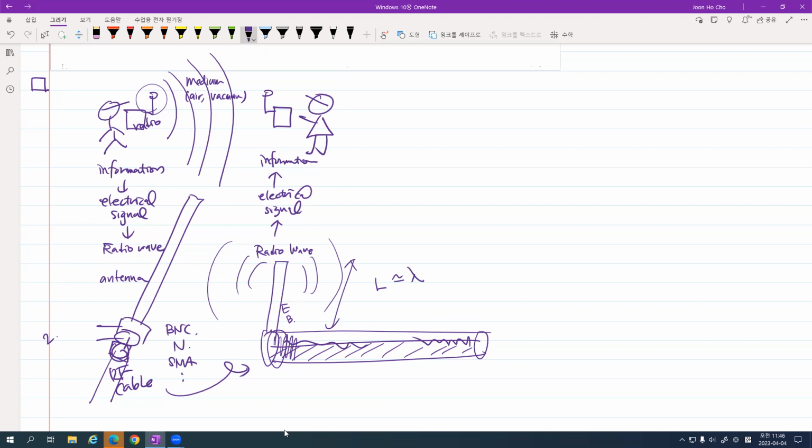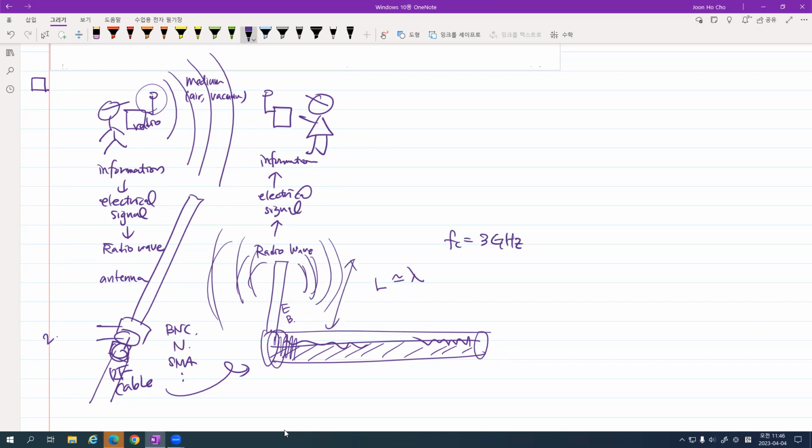For example, suppose your carrier frequency, the center frequency of the radio wave, is around 3 gigahertz, which means 3 times 10 to the 9 oscillations per second.